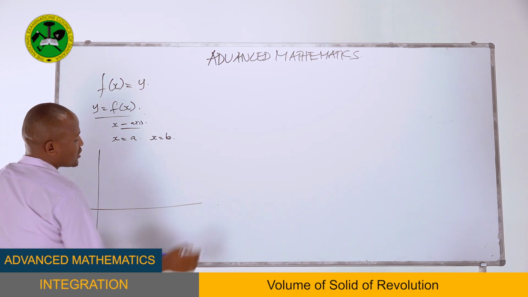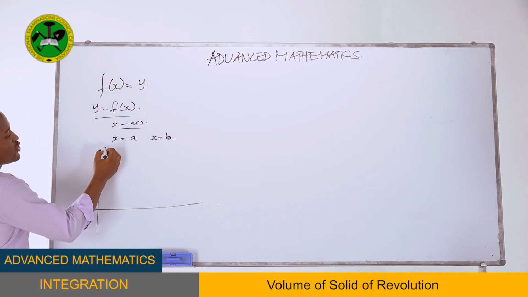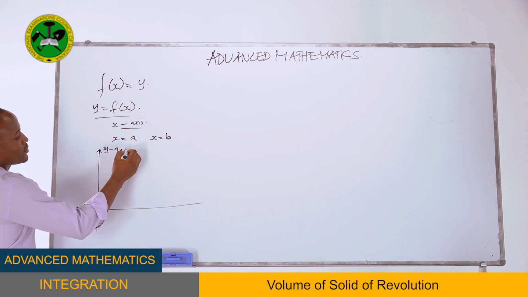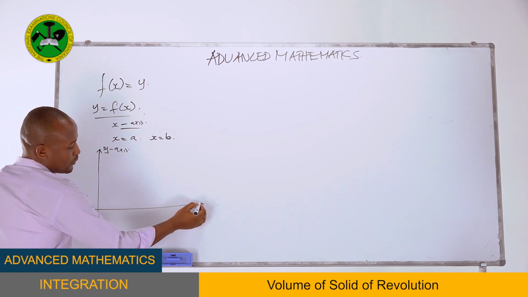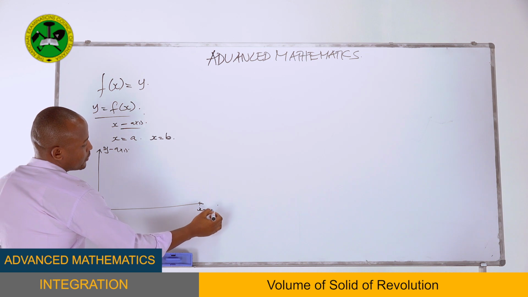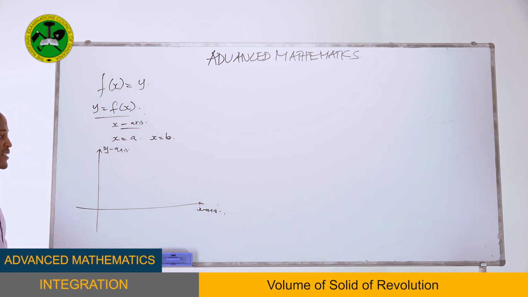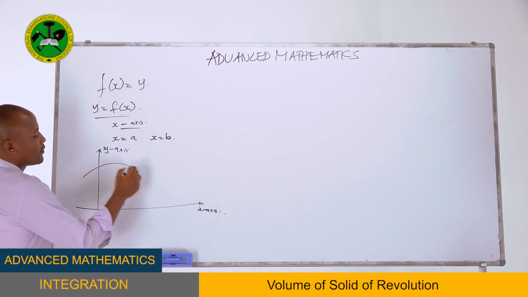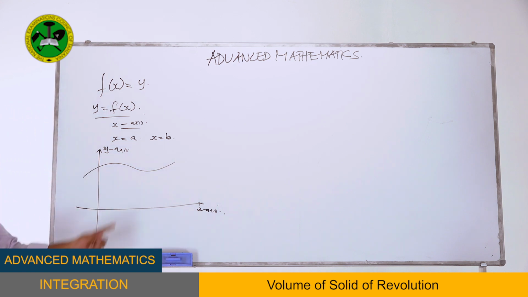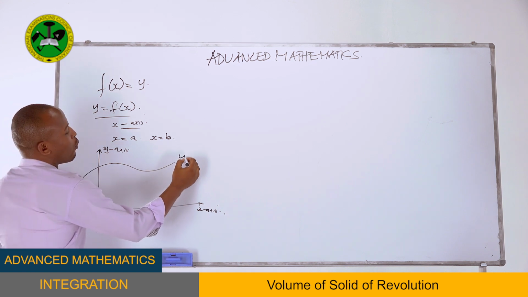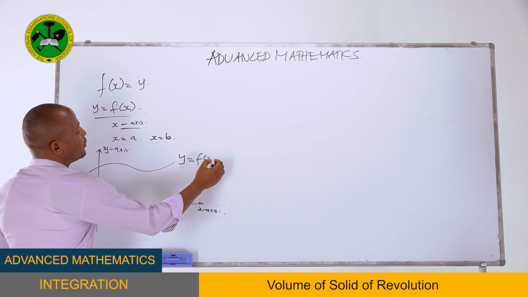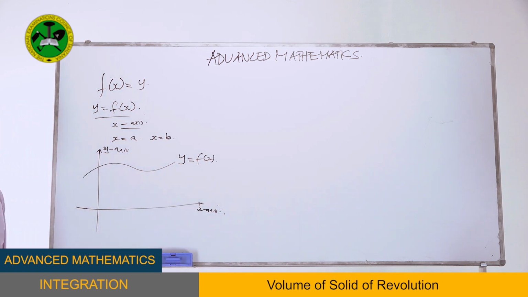We have the xy plane, and remember this is the y-axis, and this is the x-axis. And let's say this is our function, y is equal to f of x.